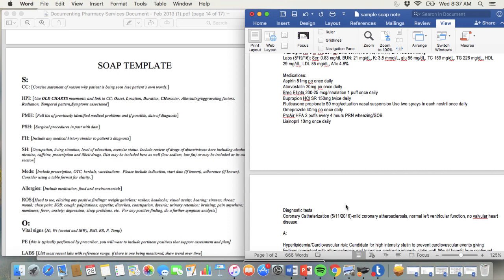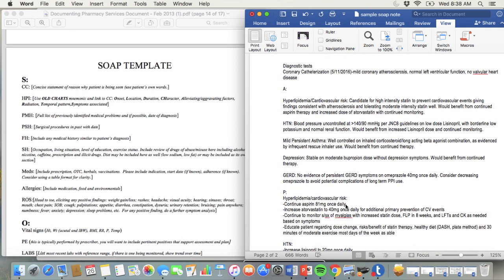So that may affect the medications you use and that kind of thing. So it's not necessarily pertinent to this case, so it's not included. But if you were addressing something else, you may include that. So again, positive and negative pertinent information.